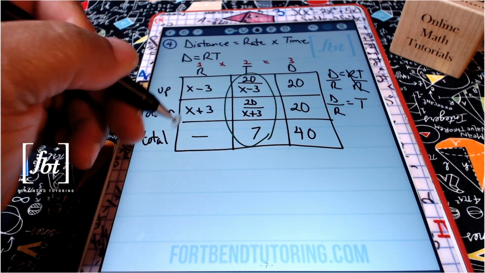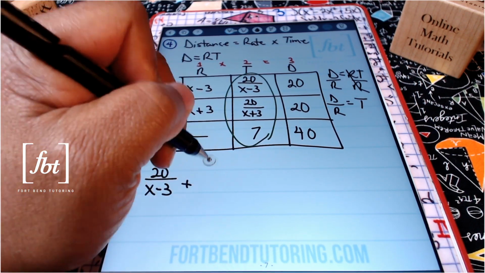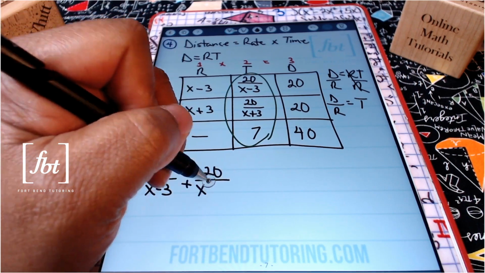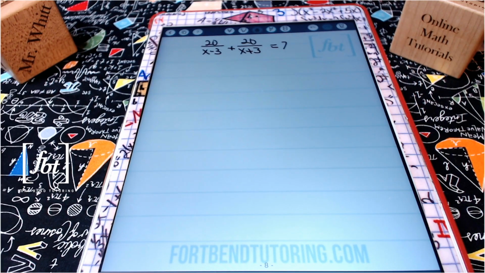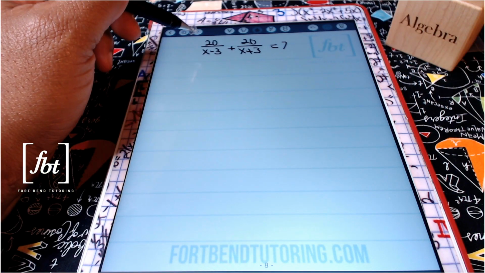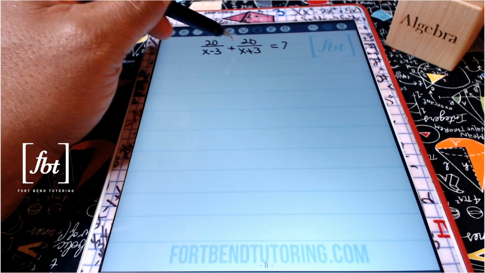The equation is going to be his time going upstream plus his time going downstream will equal the total 7-hour total trip. Solving our rational equation, I'll want to get rid of these fractions, and I mean in a hurry. So I can do that by multiplying each and every term by the least common denominator, which will be the product of these two denominators.